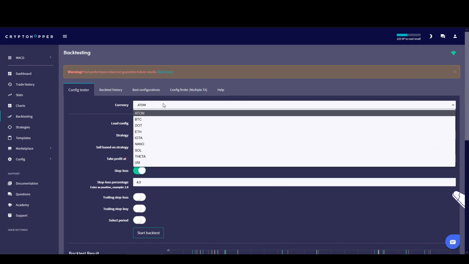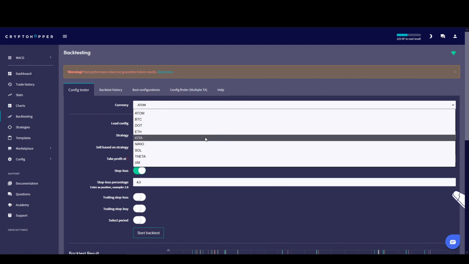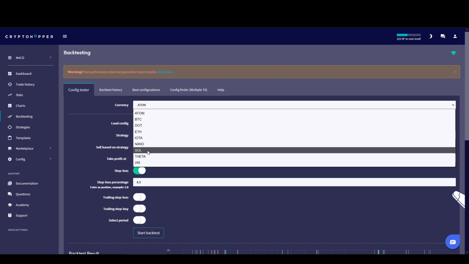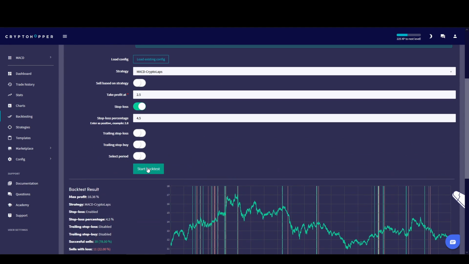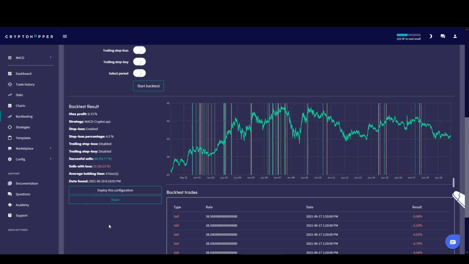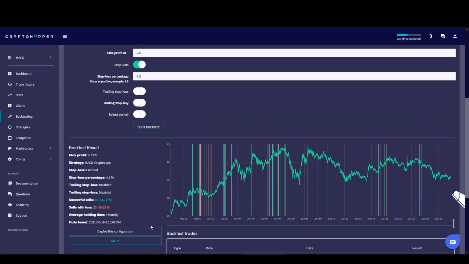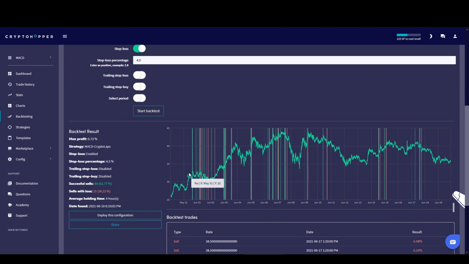Let's do another one. Let's go to, I don't know, Solana. So let's try this one. Start. All right, so there's Solana. As you can see, same thing, the market is trending on the way up. There are multiple transactions, a lot of buys here, and then when the market starts to go down, nothing is happening.